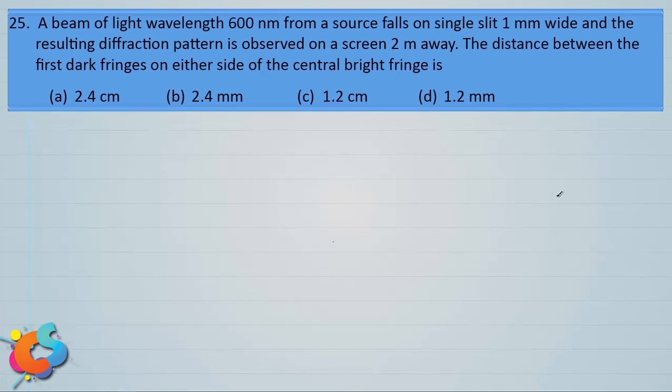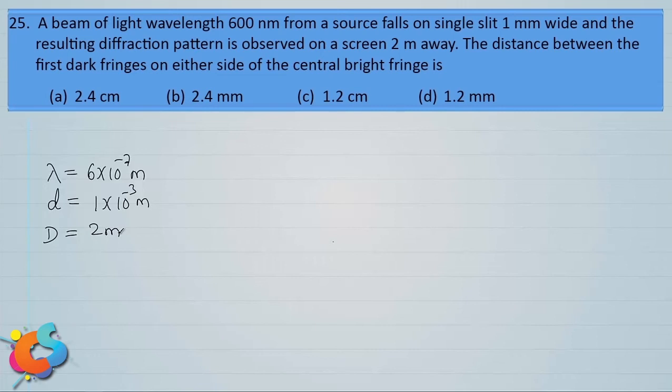Dear students, first let's write down the data given. The wavelength of the incident light is 600 nanometer, otherwise it is 6 into 10 power minus 7 meter. The slit width, you can write it as small d or small a, that's equal to 1 millimeter, 1 into 10 power minus 3 meter, and the screen is at a distance of 2 meter, which is given a symbol capital D. Now, what is to be found out is the distance between the first minimum on either sides of the central maximum.